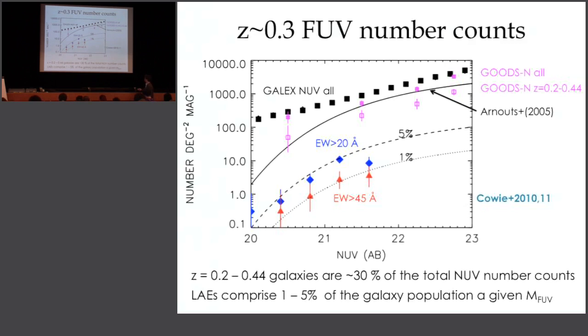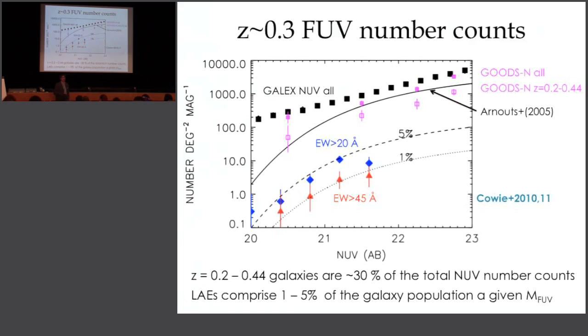And you can see that strong Lyman-alpha emitters represent about 5% of the local near UV number counts. So they're rare, right?